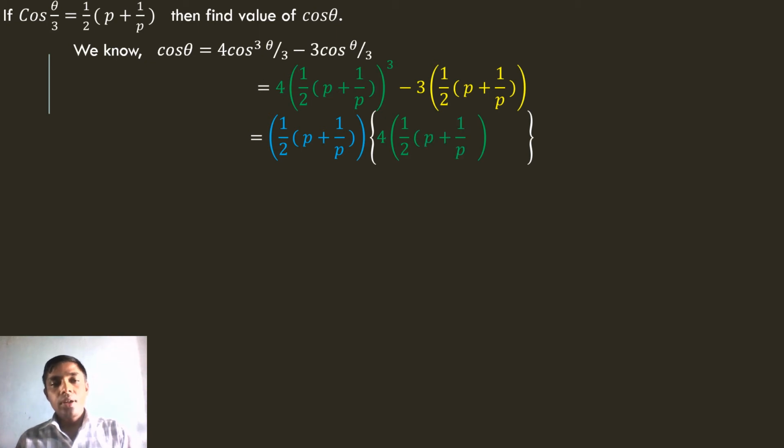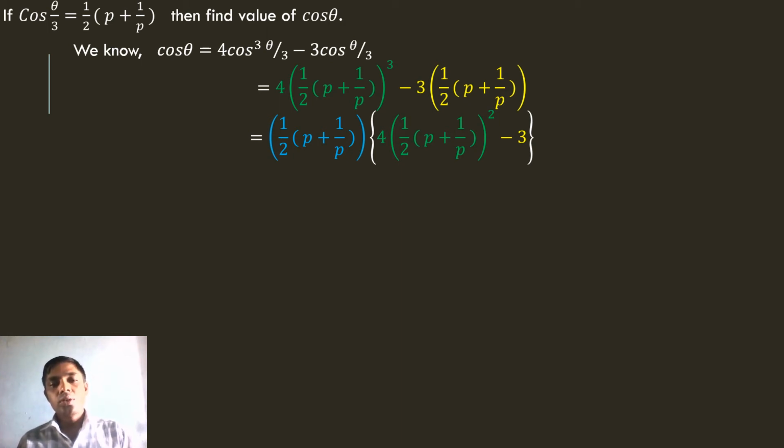The remaining is 4 times a square, since one term is already taken common, so remaining is 1 by 2 times p plus 1 by p, and here it is remaining as minus 3. You can also solve by using the whole cube method, but it is a little easier if we take common, because our process will be a little shorter. So we have taken common and then we are opening.